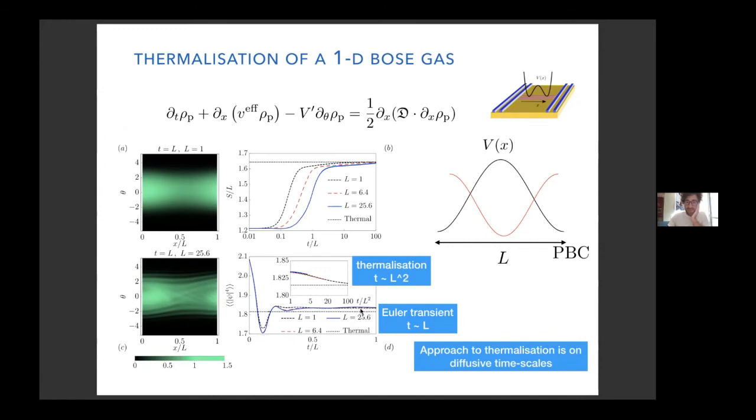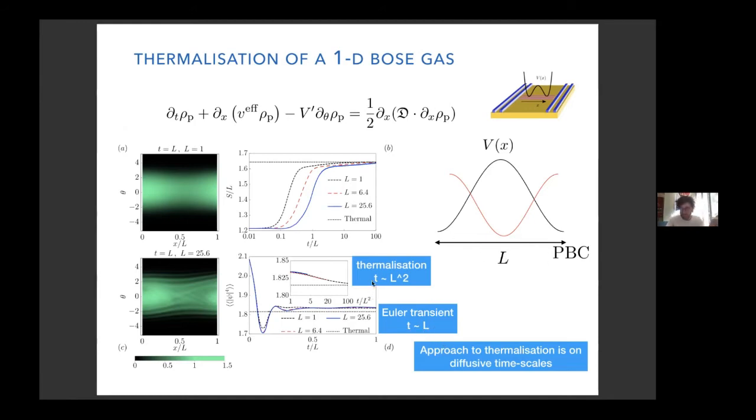And this steady value is really induced by the rapid Eulerian evolution. Namely, if you go back to this equation, you can basically forget, at initial times, about the presence of diffusion. You can only take this Euler equation, and this will give you the steady state that you see for times of order L, where L is the system size.